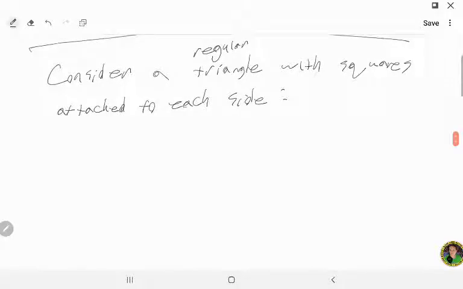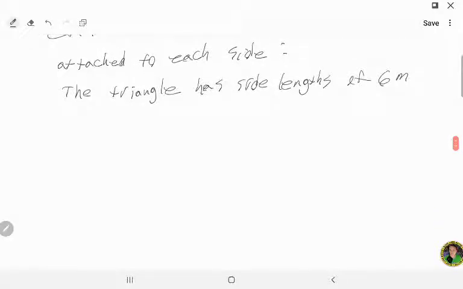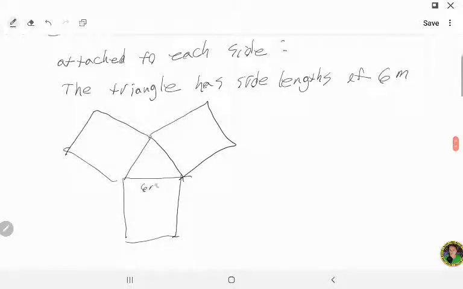So we'll say that the triangle has side lengths of 6 meters. And so that means that our total shape is something like this. So we have a triangle with a square attached to each side. And we know that the squares are easy, the triangle will be a little bit trickier.